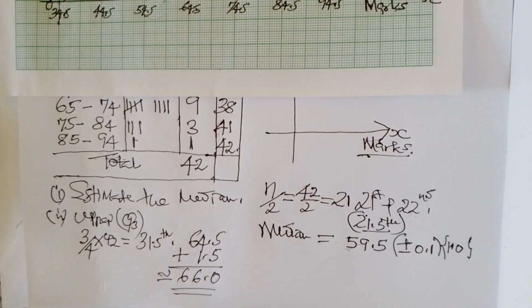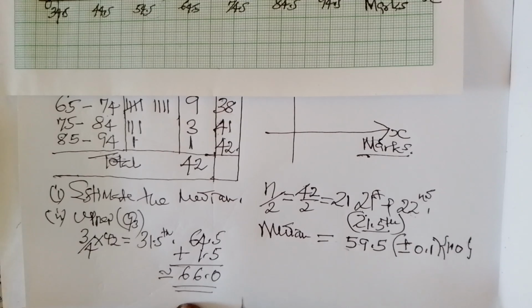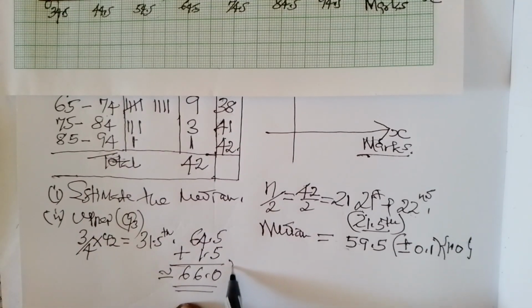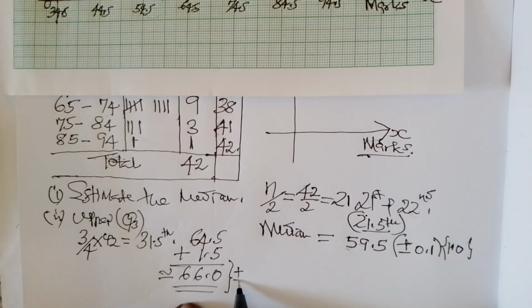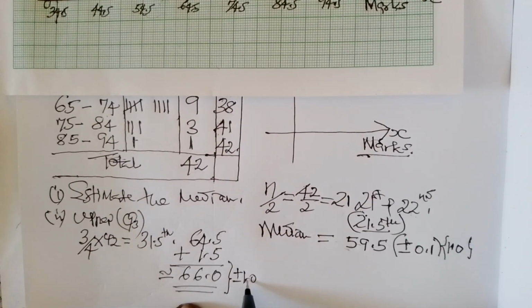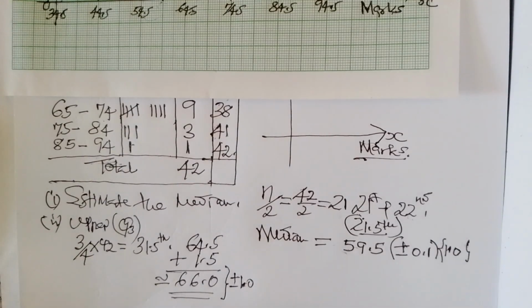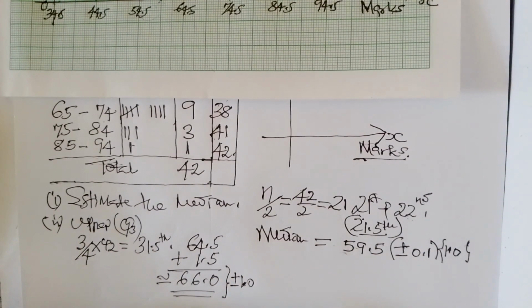And as I told you earlier, this will be given an allowance of plus or minus 1.0 from the exact answer. So if you fall within the range, you're going to get it right.